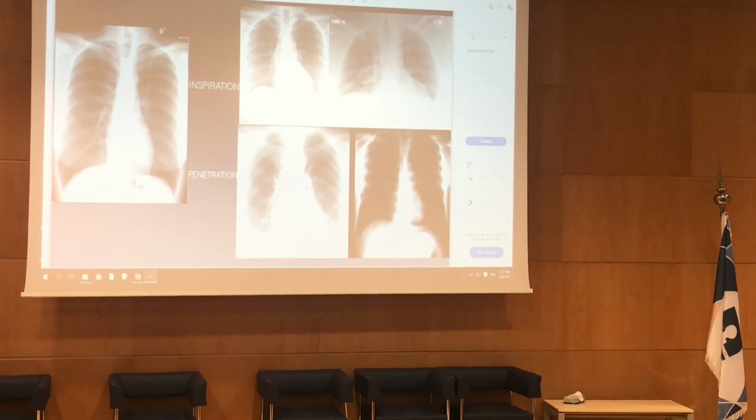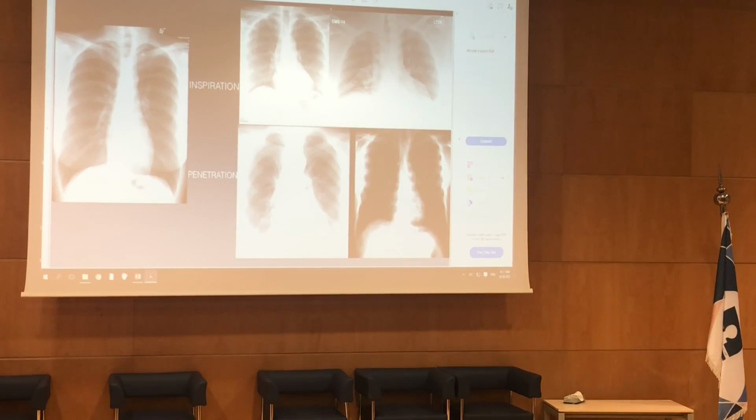The other thing in deciding the quality of the image is the inspiration. So the patient is requested to stand still and take as deep a breath as they can, okay? And this is important because it expands the lung. It makes you see the lung tissue devoid of most interstitial markings.